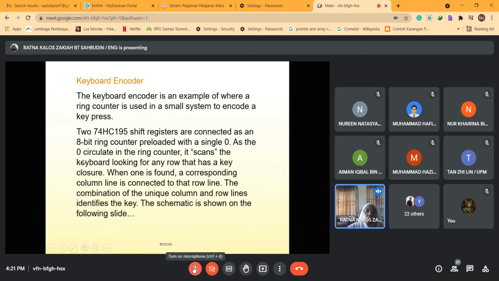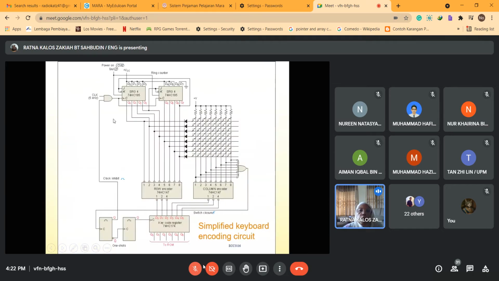As the zero circulates in the ring counter, it scans the keyboard looking for any row that has a key closure. When one is found, a corresponding column line is connected to that row line. So the combination of the unique column and row lines identifies the key. You can see the schematic shown here.